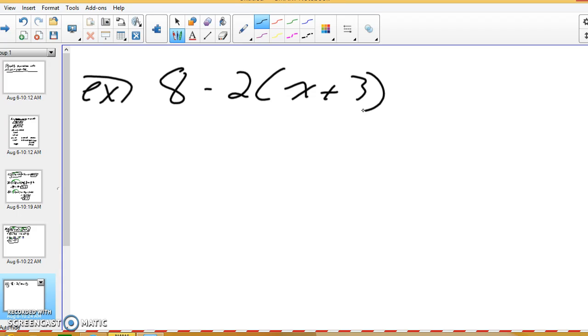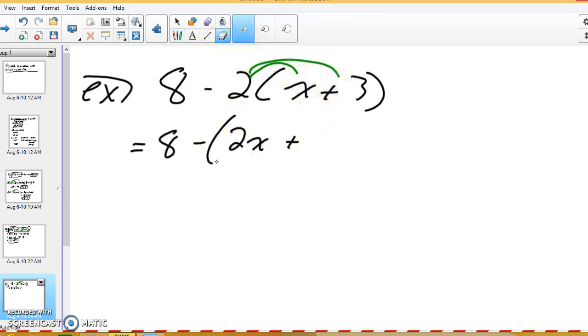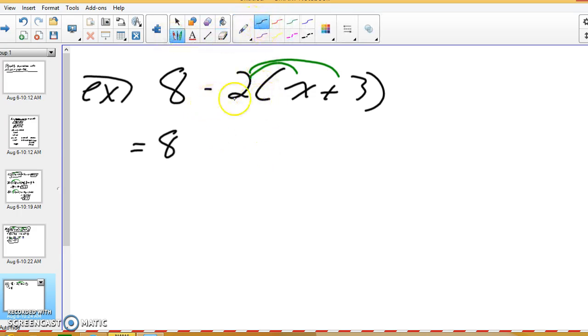Okay, we'll go through this. So we see that we have a distributive property here, so this would just be equal to 8 minus, well, that is 2 times x and 2 times 3. Excuse me, I'm going to rewrite this way, so we recognize this is a negative 2, so this would be negative 2 times x, then negative 2 multiplied by 3.